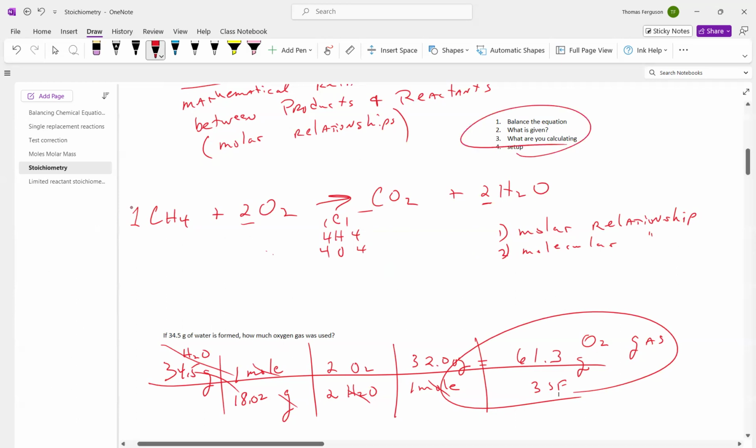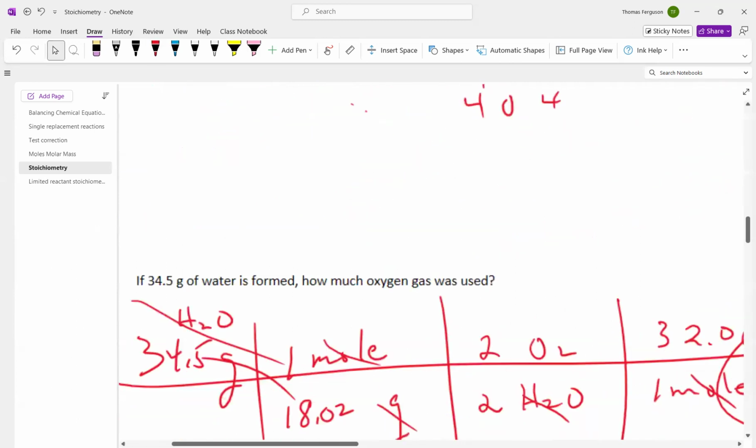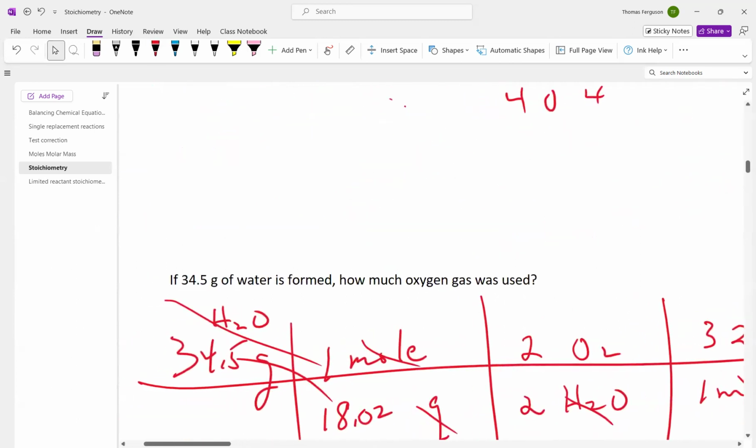And then we say what's given: 34.5 grams of water. Notice we have grams and water above it. Very important to put the water above it. Convert to moles, because balanced equations are not a mass relationship.